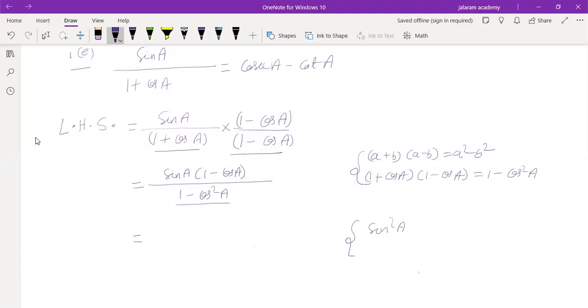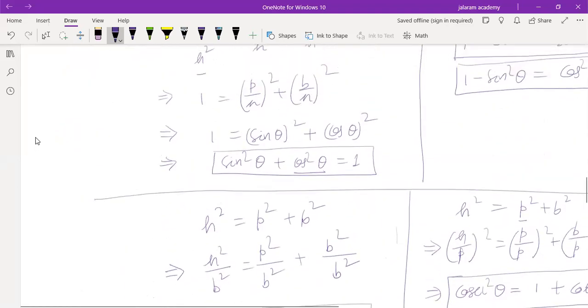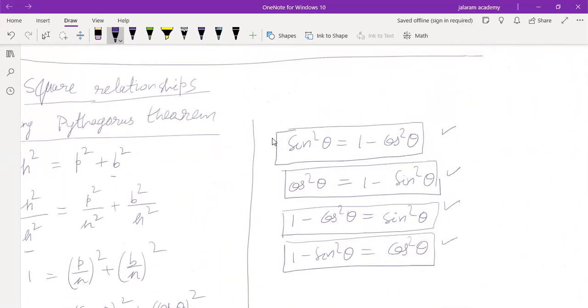Now we know that sin square a plus cos square a equals 1. And I have told you in the previous session that we have to learn this formula with these methods also. Sin square theta equals 1 minus cos square theta. Cos square theta equals 1 minus sin square theta.